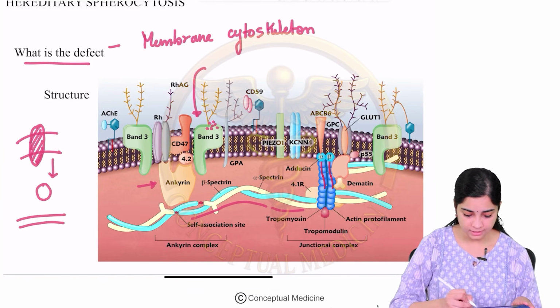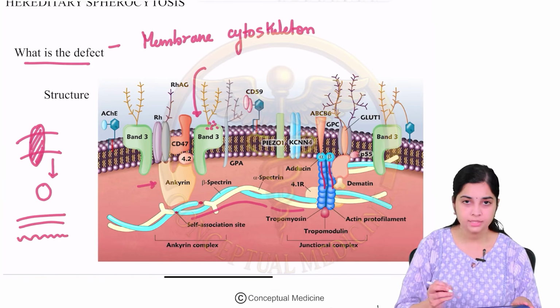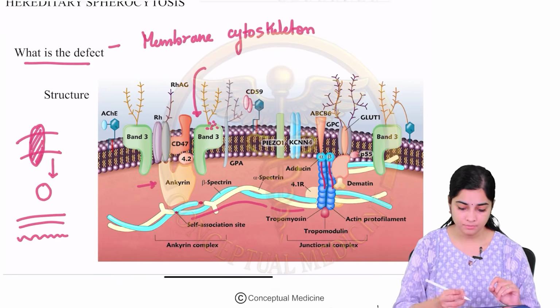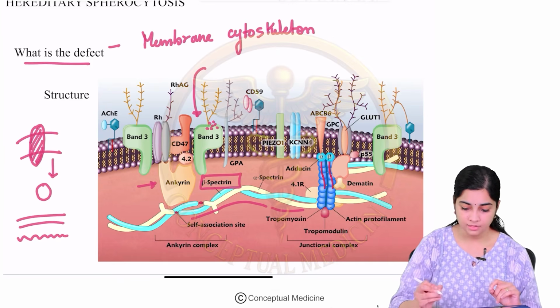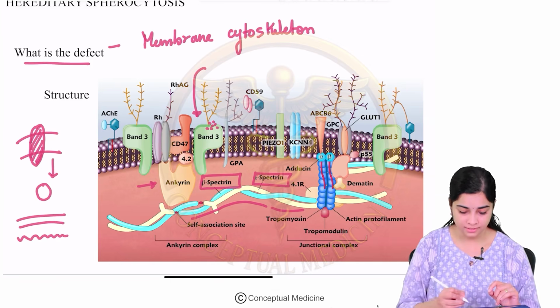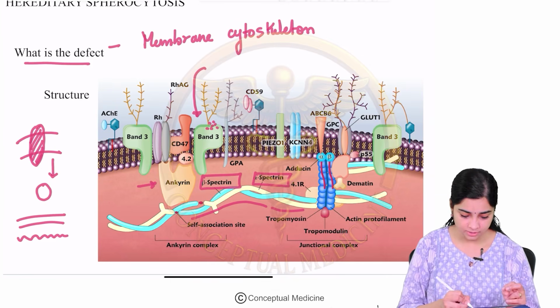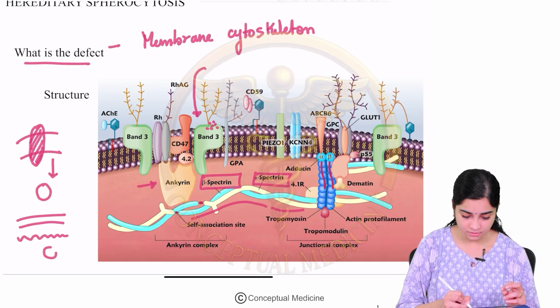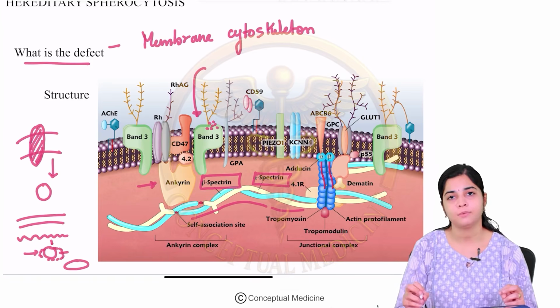But if the horizontal protein is affected, if the horizontal protein like a beta spectrin or an alpha spectrin is affected, then what can you understand by logic? The RBC membrane is going to contract in this way and the RBC membrane is going to get slightly elongated, right? So this results in an elliptocyte.